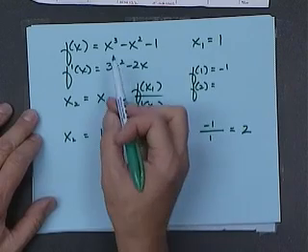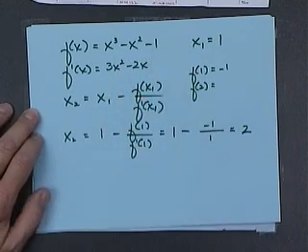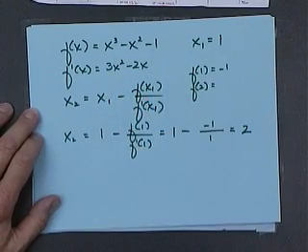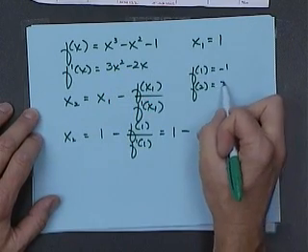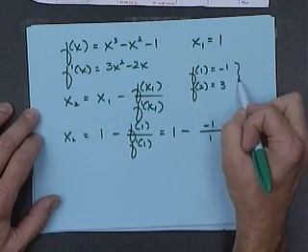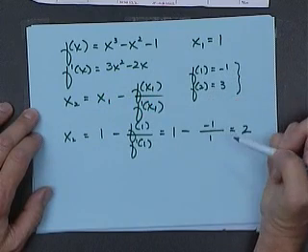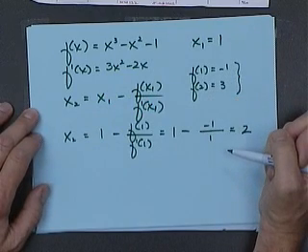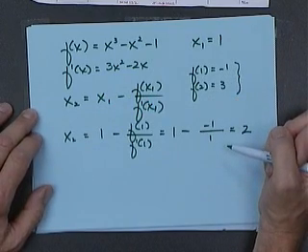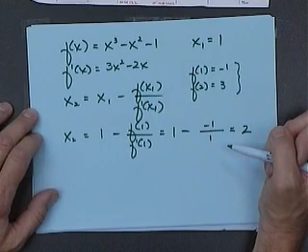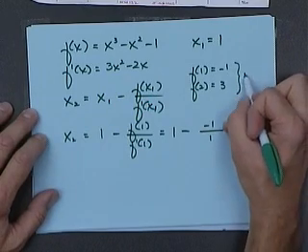What's the f of 2? 3? Is that right? Does that mean that there is a root somewhere between the x value 1 and the x value 2? Yes. What's that called? Intermediate value. Good. Intermediate value theorem.